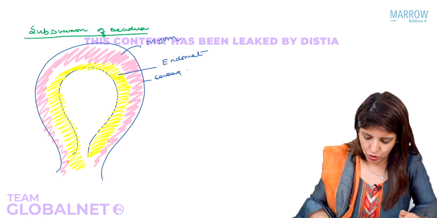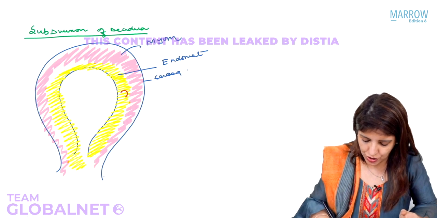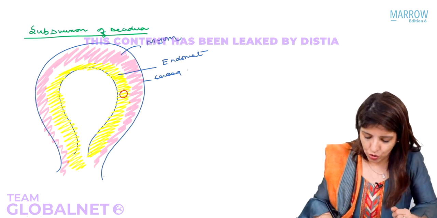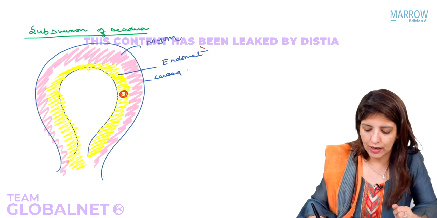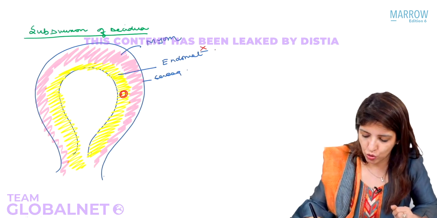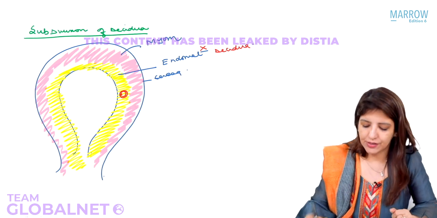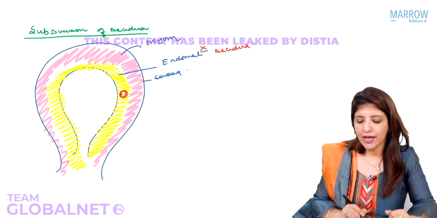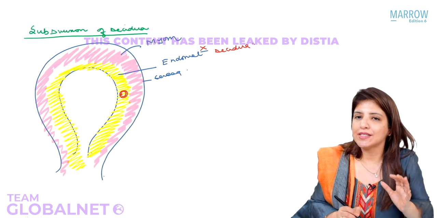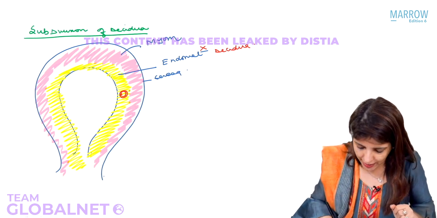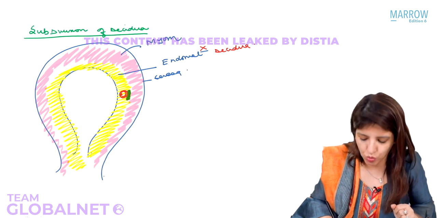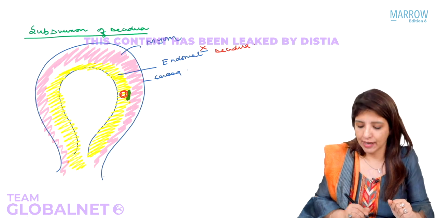Now I am going to let the blastocyst implant, right? So once the blastocyst has implanted, you will not call the endometrium the endometrium, you will call it the decidua, right? Now this decidua has 3 parts. Number 1 is that part of the decidua which is lying below the blastocyst, which I have made green in color.